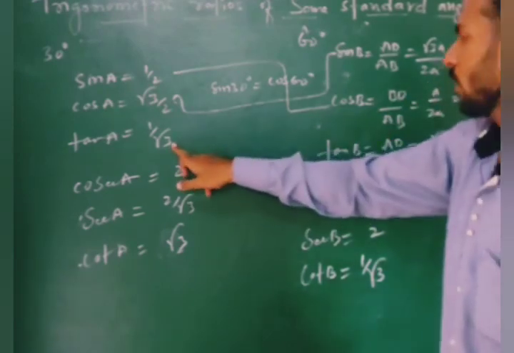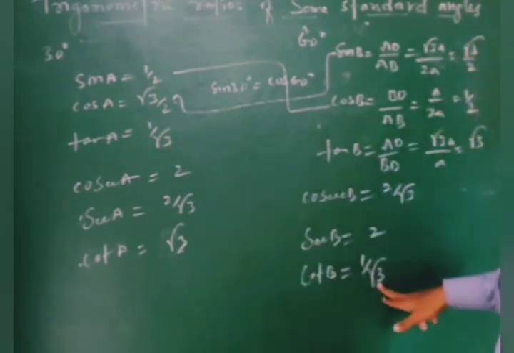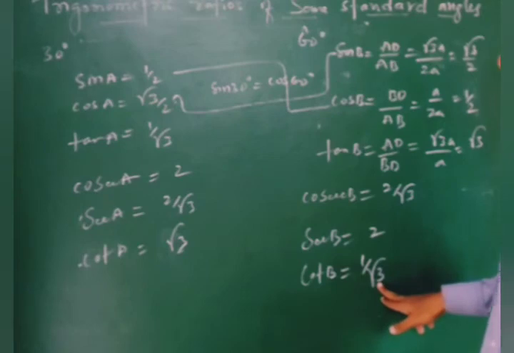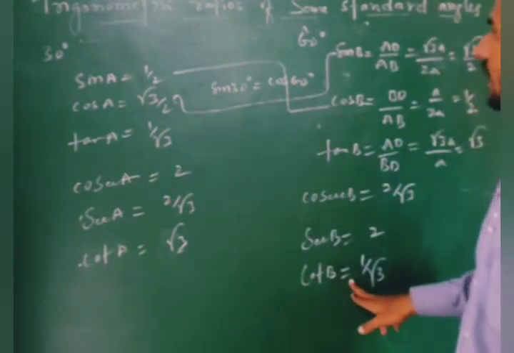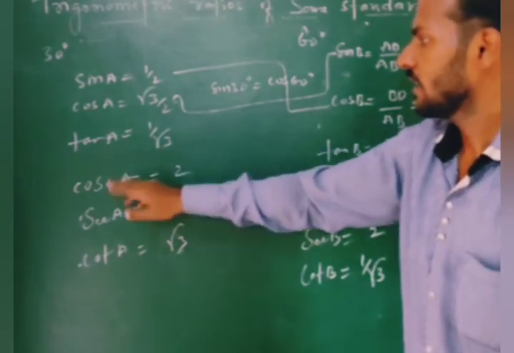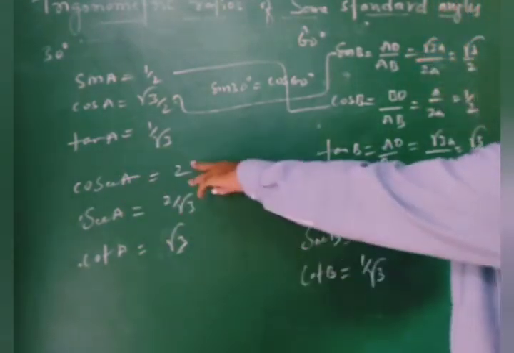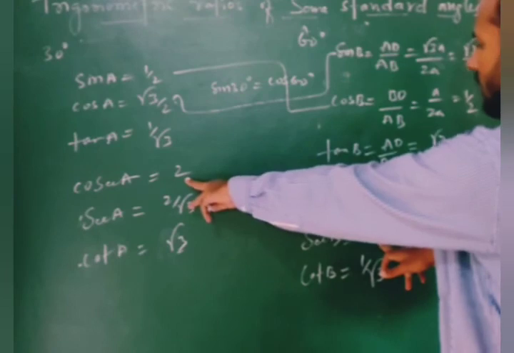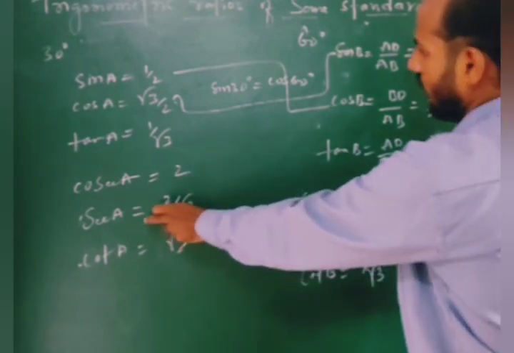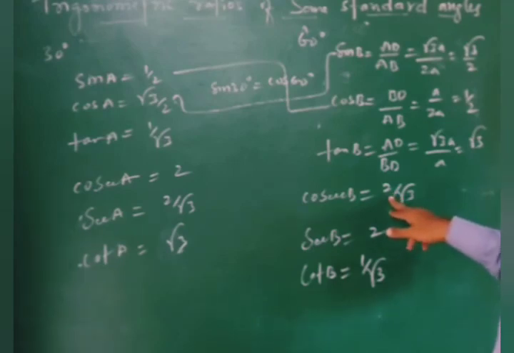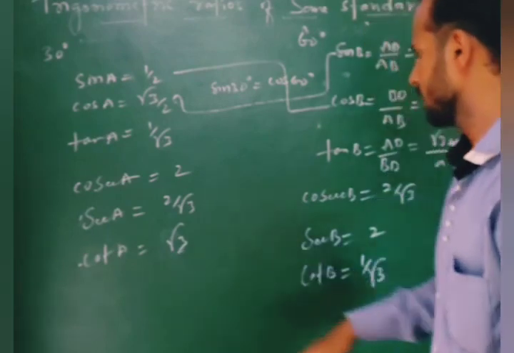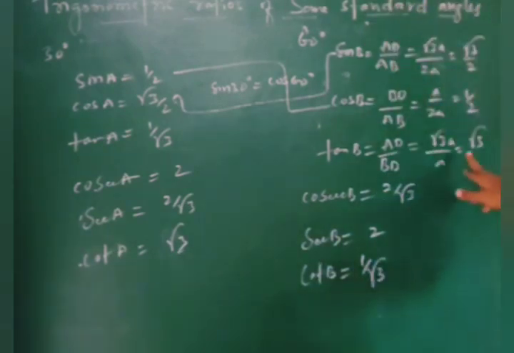And again tan A, 1 by root 3, is cot B, 1 by root 3, right? Cot 60 degree equals to tan 30 degree, and cosec 30 degree is equals to sec 60 degree, and sec 30 degree is equals to cosec 60 degree, and cot 30 degree equals to tan 60 degree.